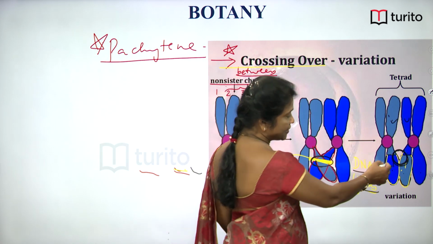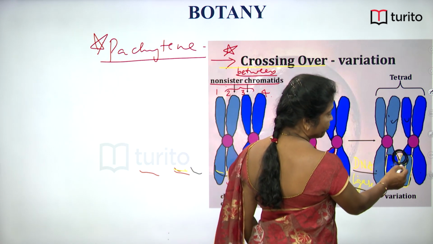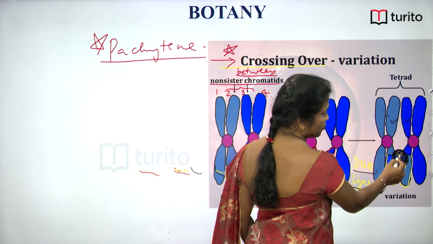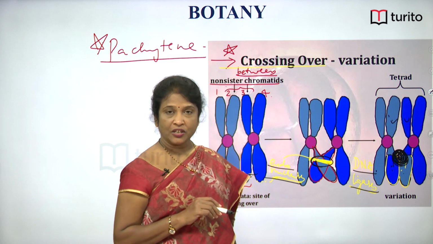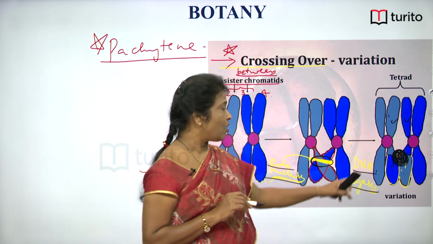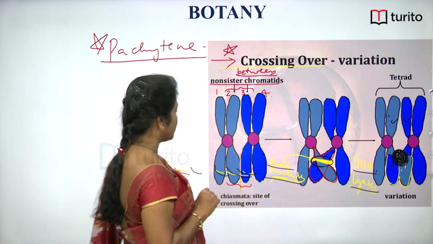Such nodule-like structures formed at the region of crossover represent that genetic recombinations have happened in this area, and they are known as recombination nodules.